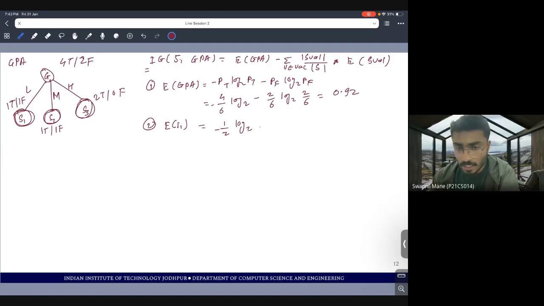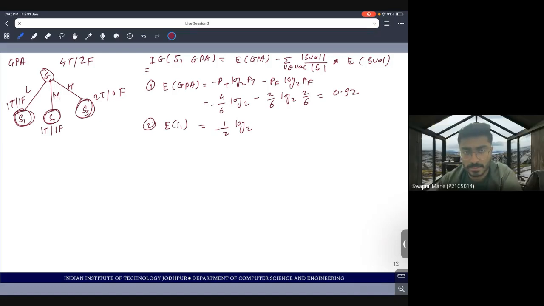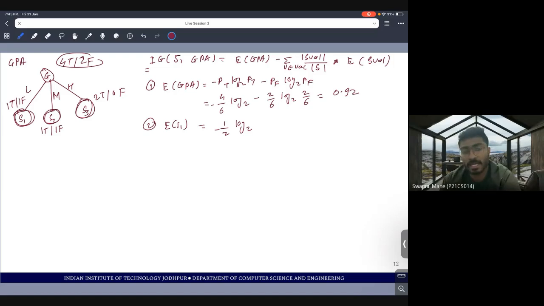We have to decide the target values here, and based on the target values we calculate how many GPA values have each target value. We call it by different names, like entropy of GPA, entropy of studied, or entropy of failed or not, but for the sample the value is the same.